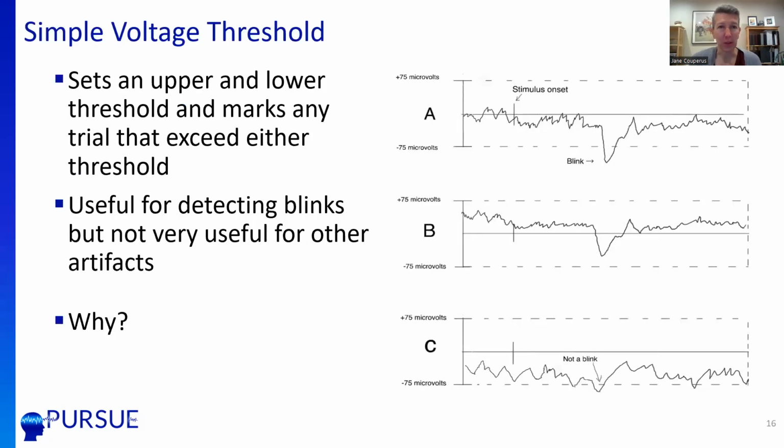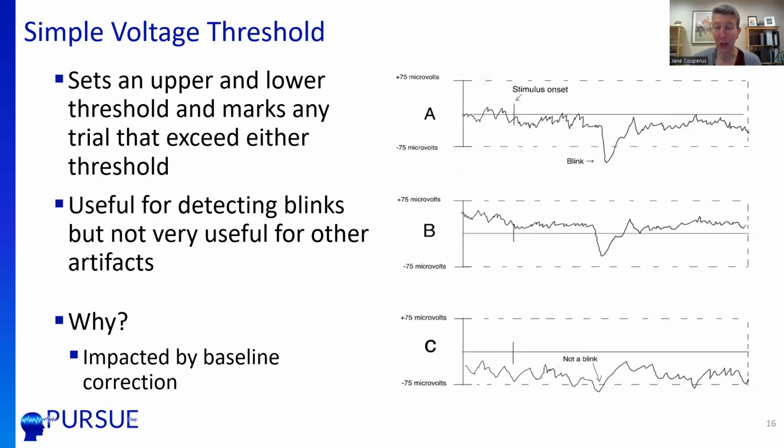So first, simple voltage threshold is exactly as it sounds. It sets an upper and lower threshold and marks any trial that exceeds that threshold. It's useful for detecting blinks, but it's not super useful for other artifacts. And part of this is because it's impacted by your baseline correction.